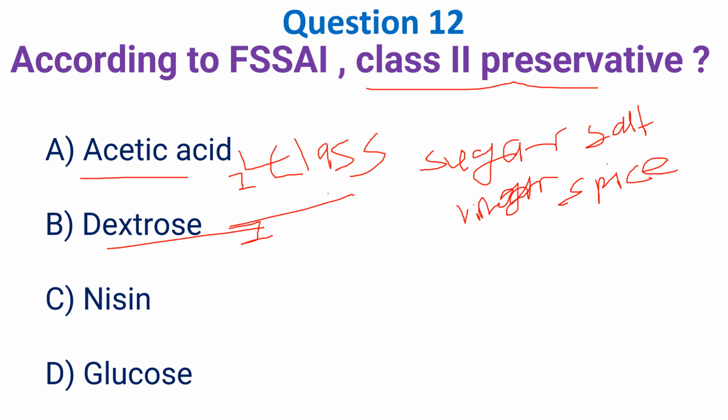Glucose is also class 1, and nisin. Nisin is a polycyclic antibacterial peptide produced by the bacterium Lactococcus lactis that is used as a food preservative. And nisin is a class 2 preservative. So this question's answer is C, nisin.